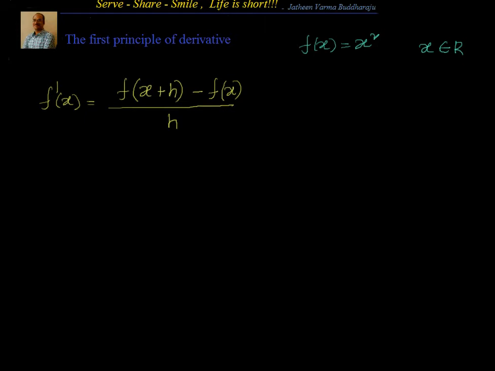If the limit of this as h tends to 0 exists, then it is called the derivative.